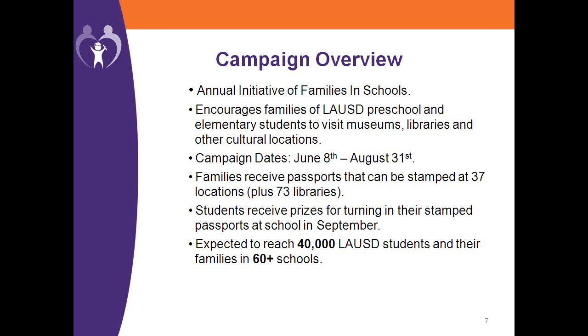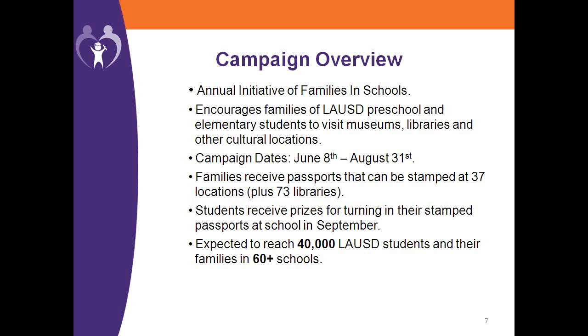The campaign dates are from June 8th through August 31st, so roughly 2.5 months. Now, families will receive passports that can be stamped at 37 locations plus 73 libraries. So that's a lot of places that families will have an opportunity to visit to get their passport stamped. And we will talk a little bit more about the locations in a few slides.